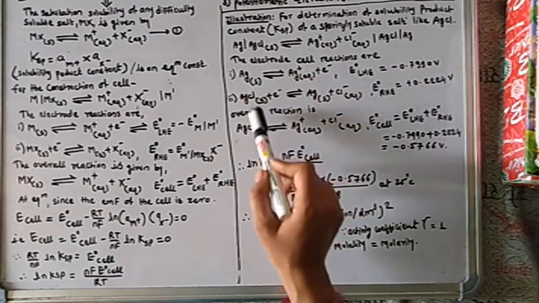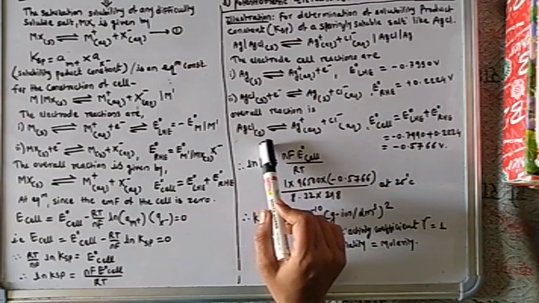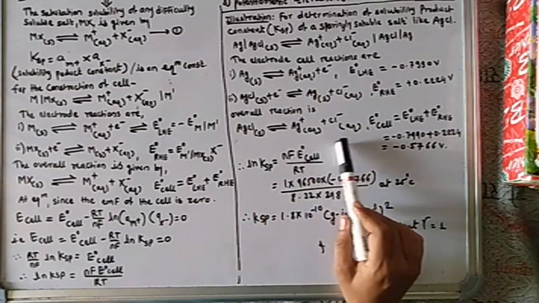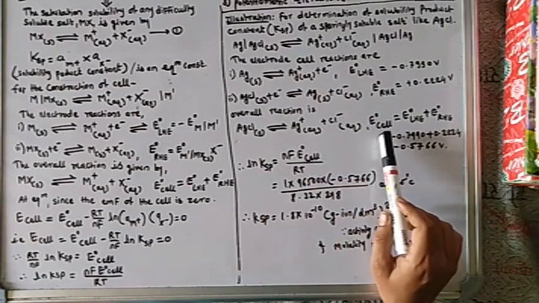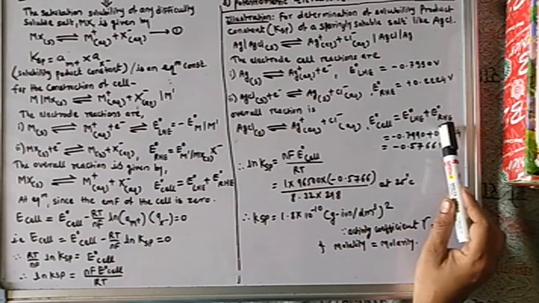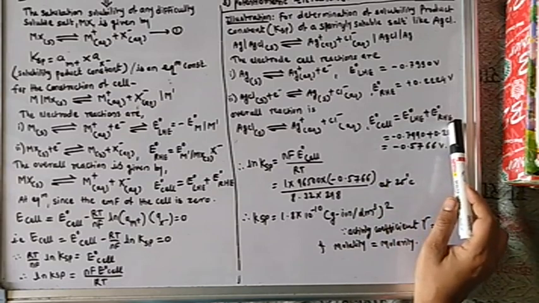Then the overall reaction is AgCl reversible gives Ag+ plus Cl-, and E standard of cell equals E standard of left hand electrode plus E standard of right hand electrode.